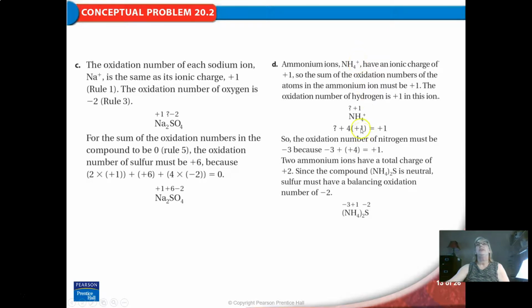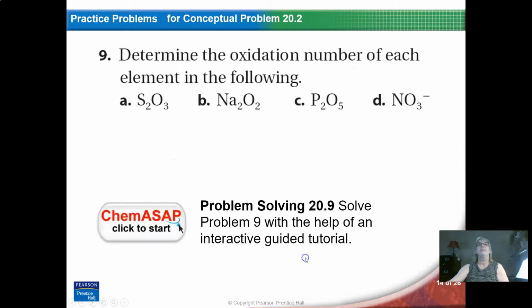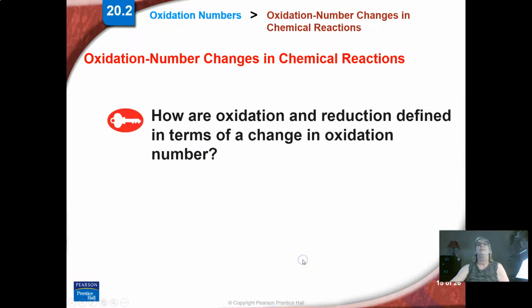Each hydrogen is +1. You have 4 of them, so that's +4. So how would you get a +4 and overall get a +1? Nitrogen has to be -3. So make sure you can look through this and do these. These are really important. Try those yourself. See if you can get that.